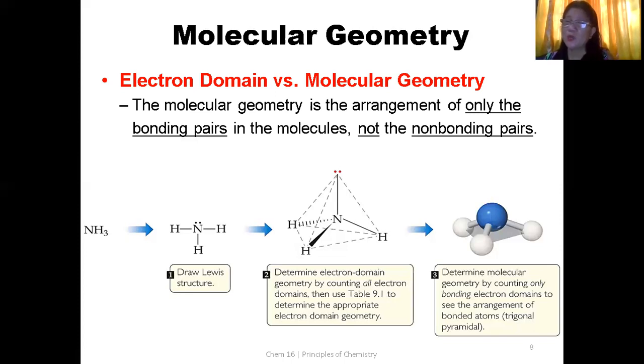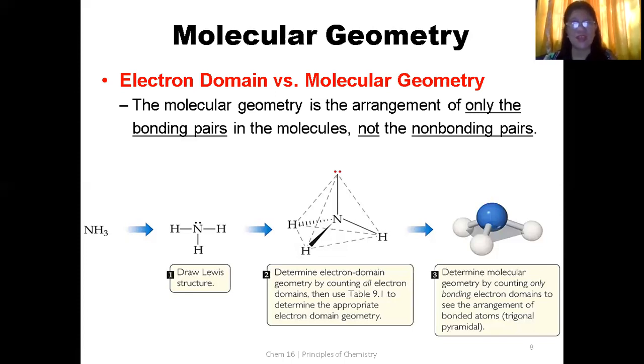Only hydrogen will have 2, the rest will have 8 electrons. So 8 plus 3, there will be 11. The total valence electrons.